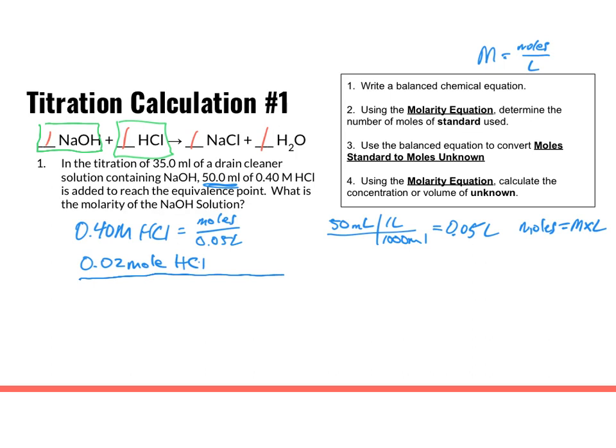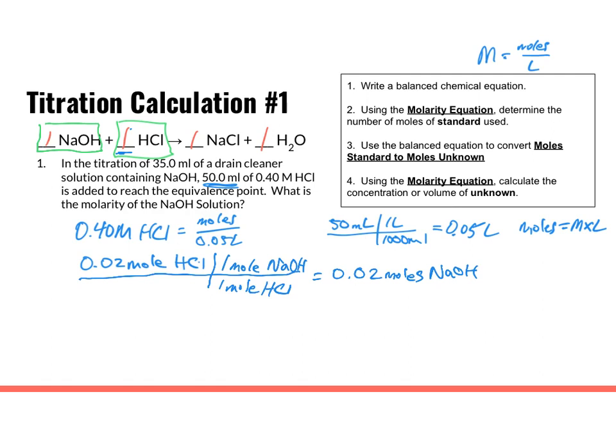So let's still do the work here and show this. So for every 1 mole of HCl, and again, I'm getting that from the balanced equation, is going to be 1 mole of NaOH. So it's still going to be 0.02 moles, but what I did was I was able to change it from HCl into NaOH.